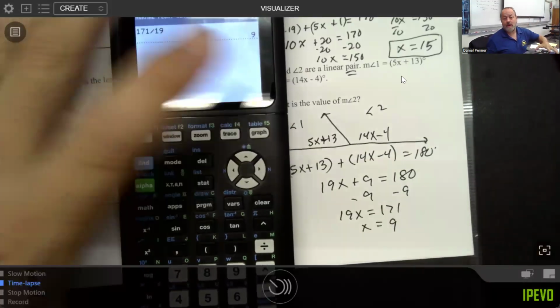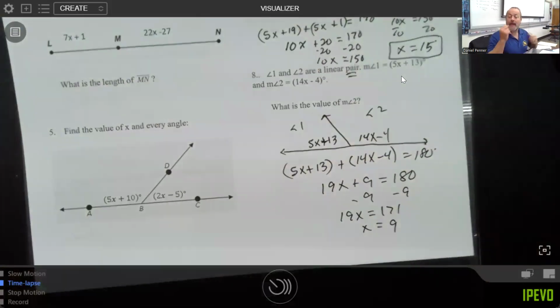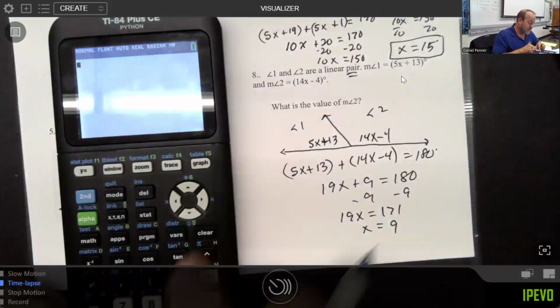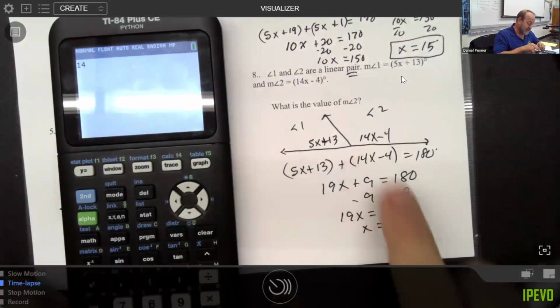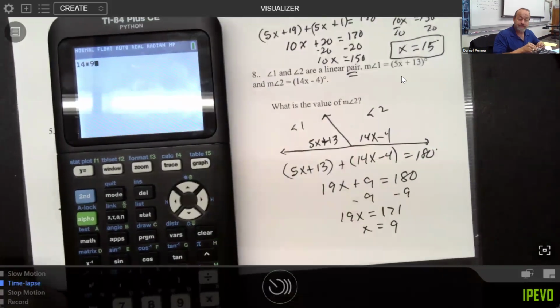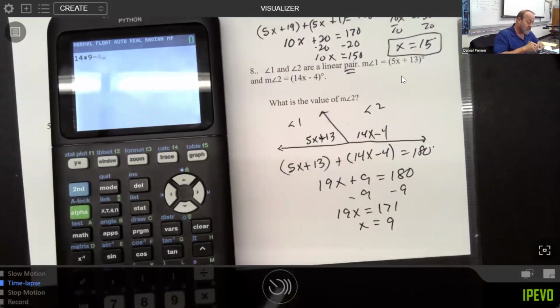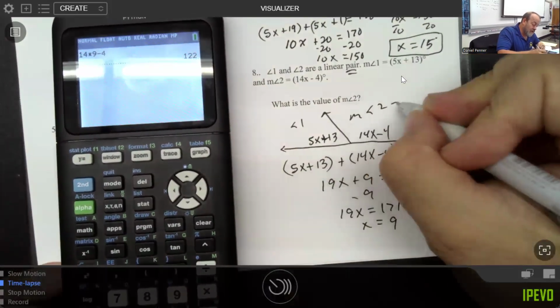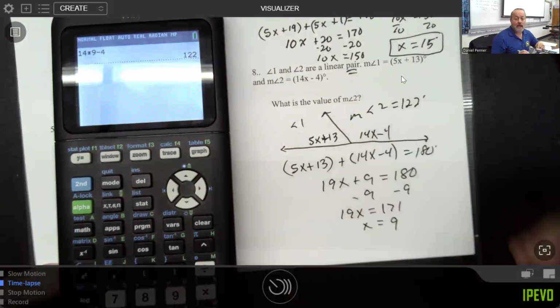Very similar to that problem, it never asked you what x was. It asked you what angle 2 was. I know that angle 2 should be 14 x's, but x is 9, so 14 times 9 minus 4. So I found out that the measure of angle 2 should be 122 degrees. And I could stop there.